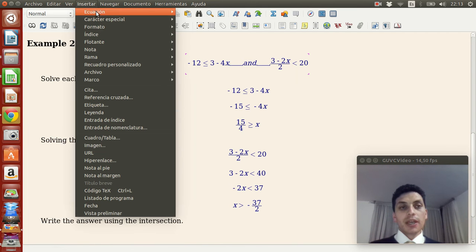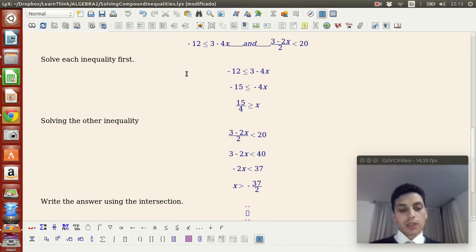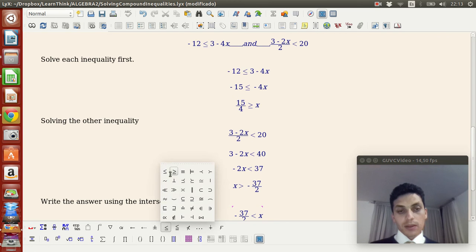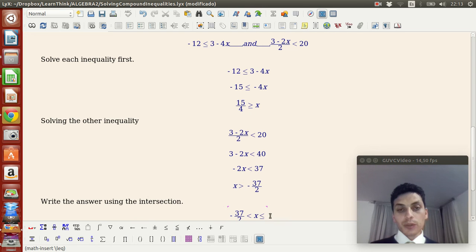X is greater than minus 37 halves, and x is less than or equal to 15/4.